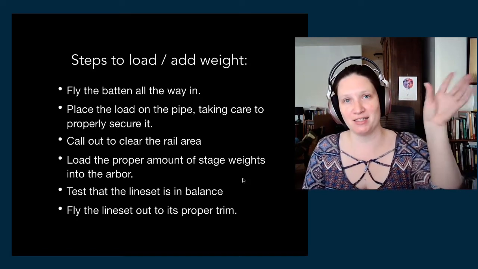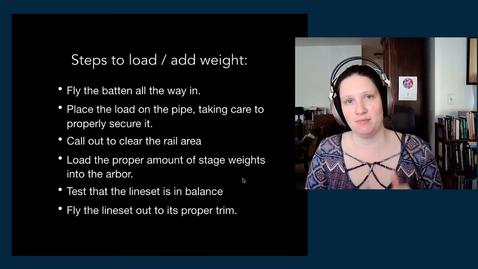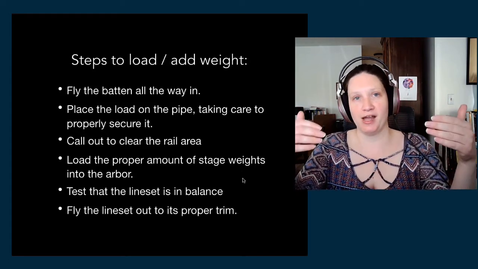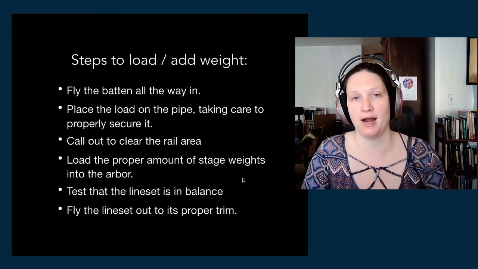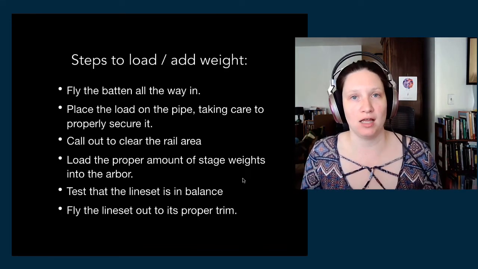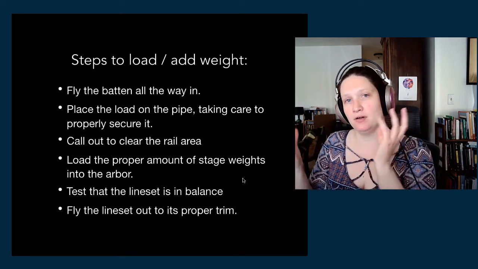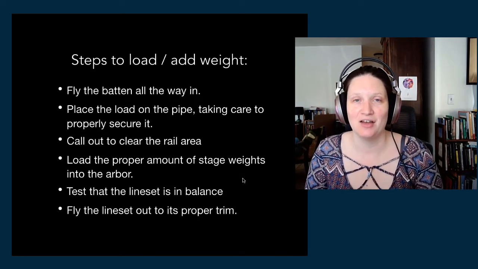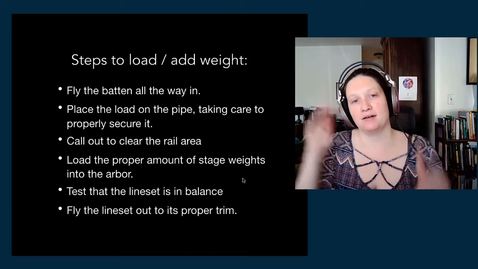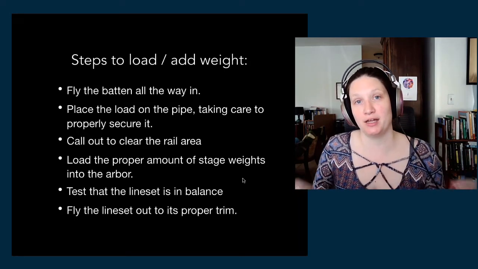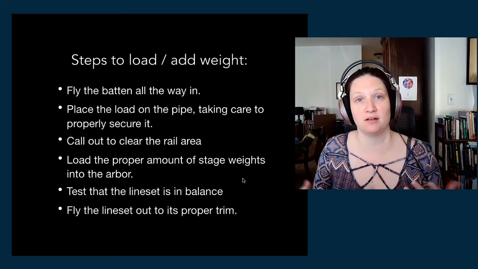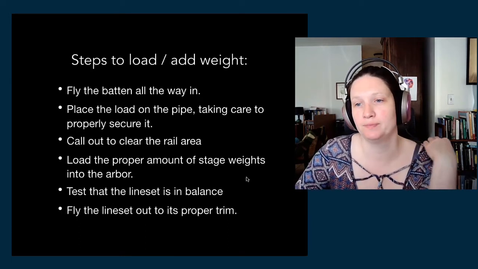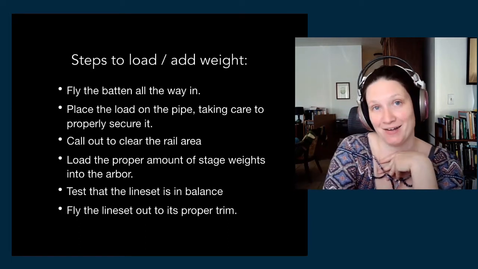So you could be adding weight to that arbor that isn't taken immediately until that scenery or until that very heavy curtain is halfway up or all the way up into the air, right? So while parts or all of that pipe weight, or the on-stage weight, is sitting on the deck, you have to manage that out of balance potential energy in different ways. You have to safety the line set in different ways so that it doesn't move before you're ready for it to. Okay, so that was adding equipment.